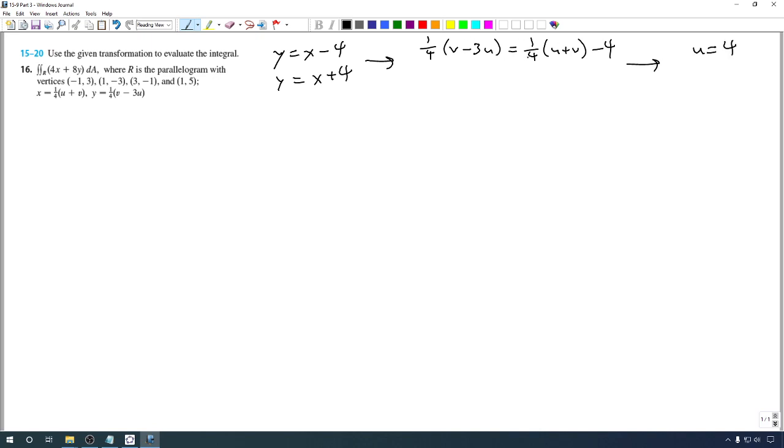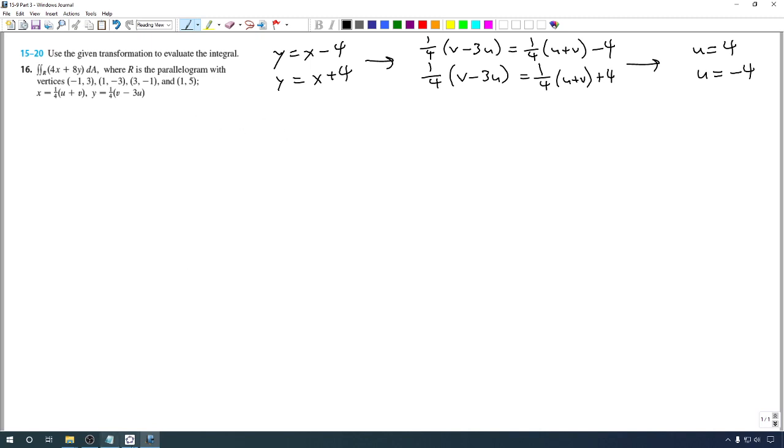All the v stuff cancels out, and then we can solve for u pretty easily. So the line y equals x minus 4 corresponds to the line u equals 4. Similarly, if you plug those formulas in for this equation, so this is plus 4 instead of minus 4, but everything else is the same. In fact, this time it just becomes u equals -4.